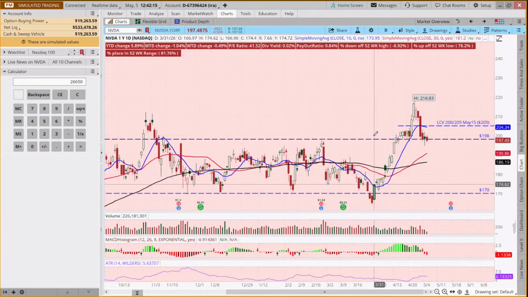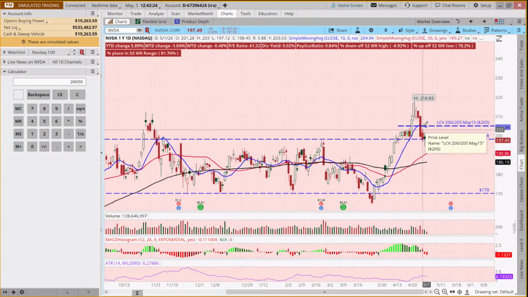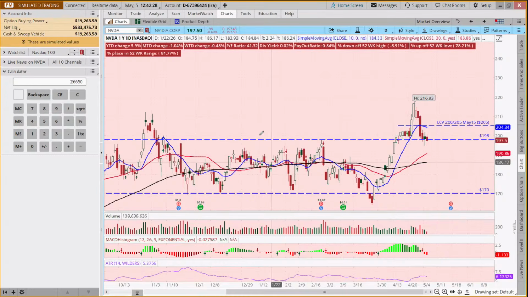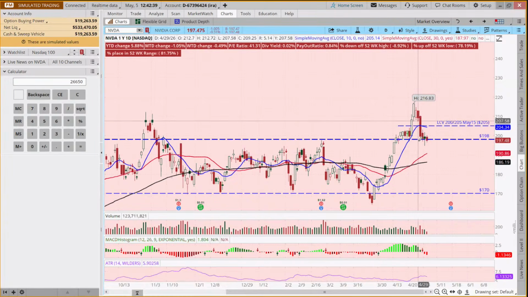So the question might be, is this going to hold? It's flirting with this old resistance level. Is it going to continue to hold as new support? You might want to put an alert in and say, hey, if this goes back above 200, let us know.